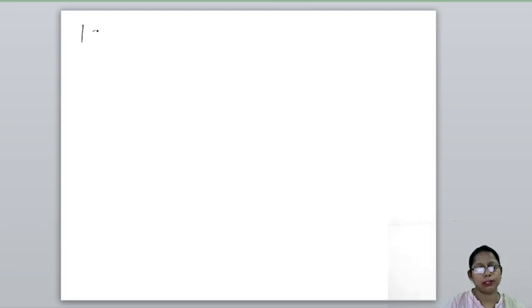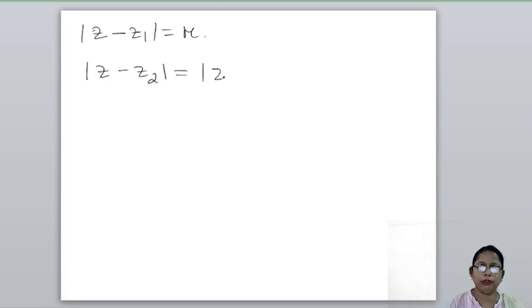Since the equation of the circle is |z - z1| = r, now find the value of |z - z2|. I am adding and subtracting the same quantity: z - z2 = (z - z1) + (z1 - z2).